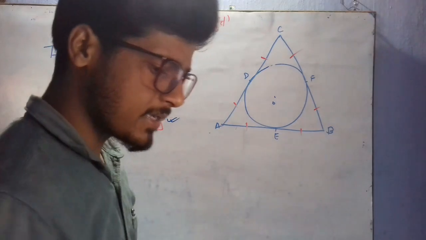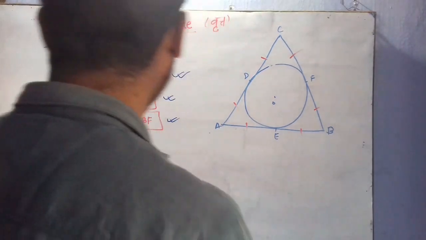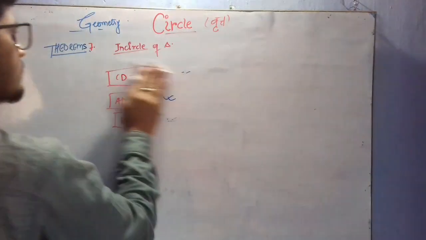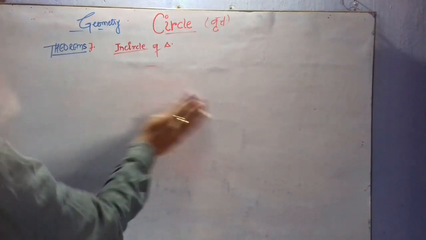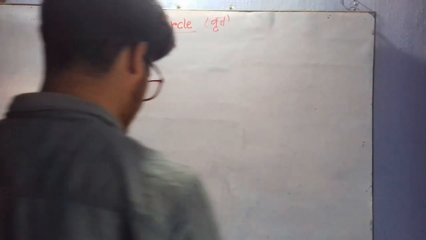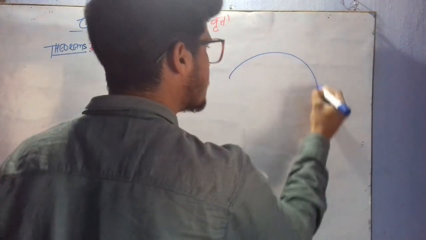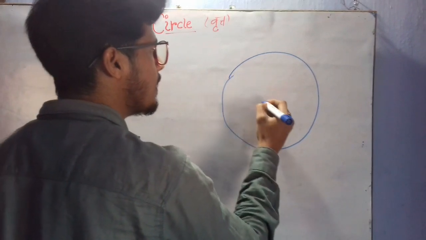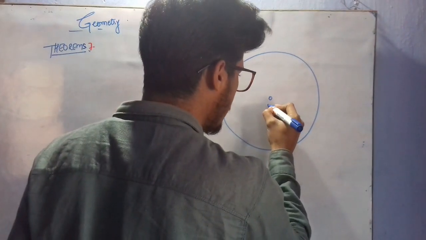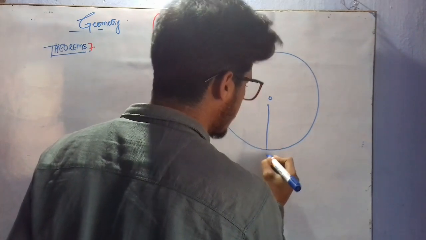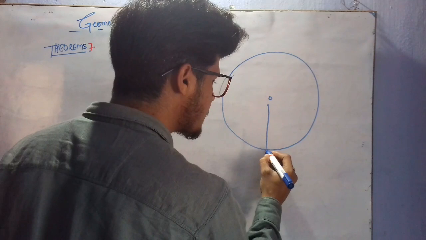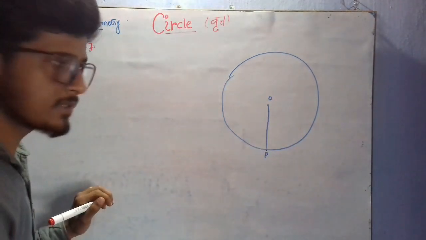Okay, next thing is tangent. What is tangent? If a circle is drawn over here, let's take center O. Let's draw its radius OP. So P is the last point of the radius.